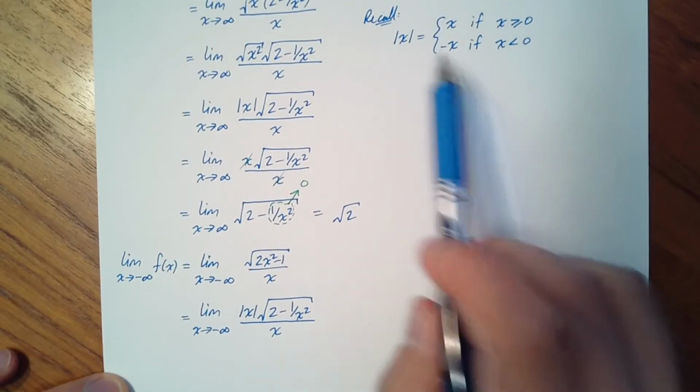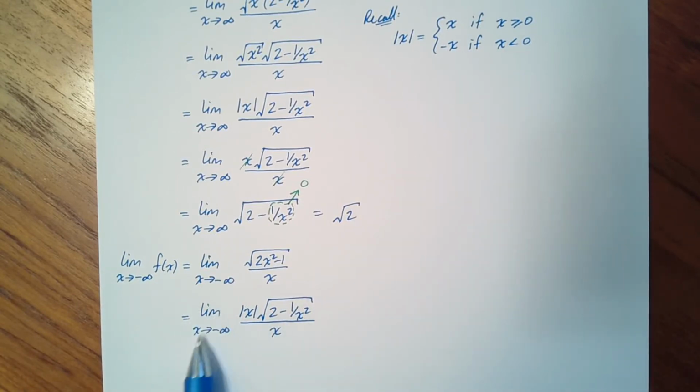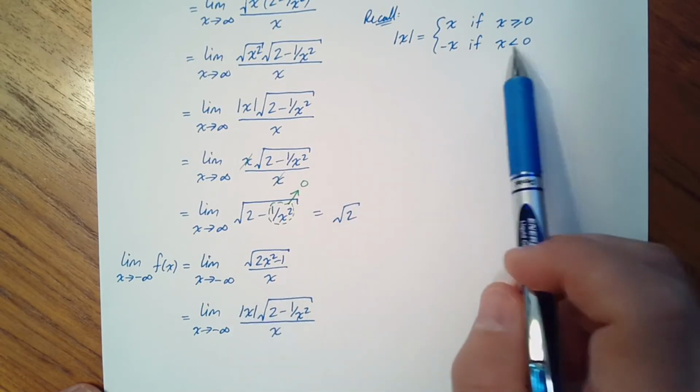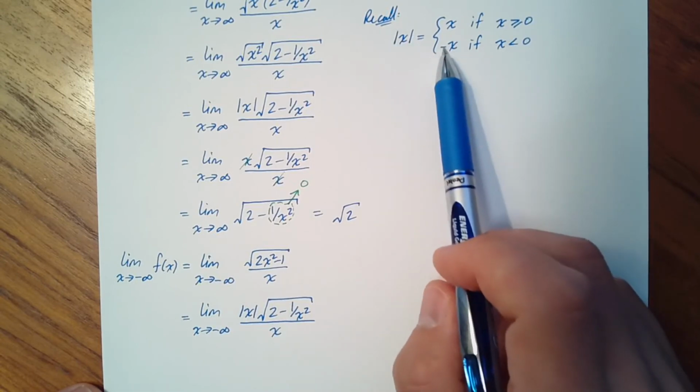But we're still going to use this definition of absolute value. But this time, as far as our limit's concerned, the values of x are going to be negative, because x is exploding in the negative direction here, right? So actually, in the definition of absolute value, when we work out what this is, the value of x is actually going to be negative. So we're going to replace the absolute value of x with negative x.